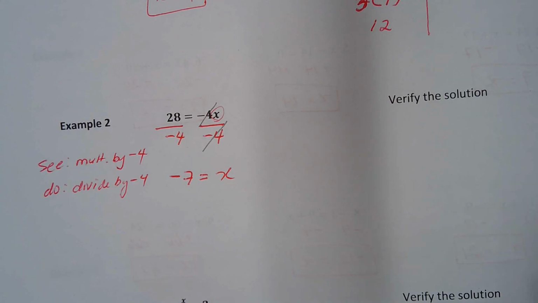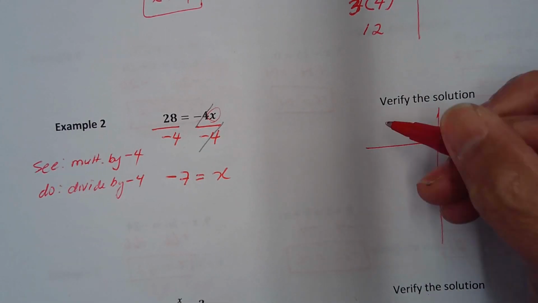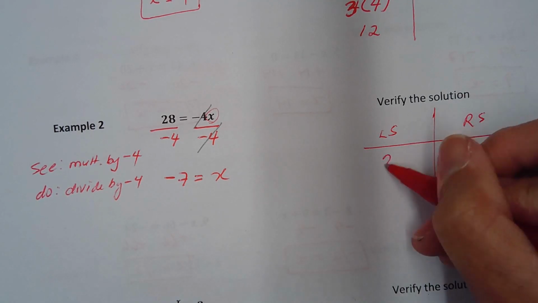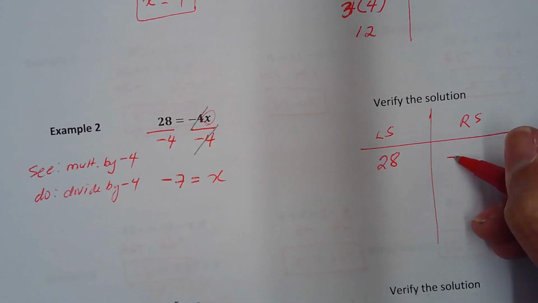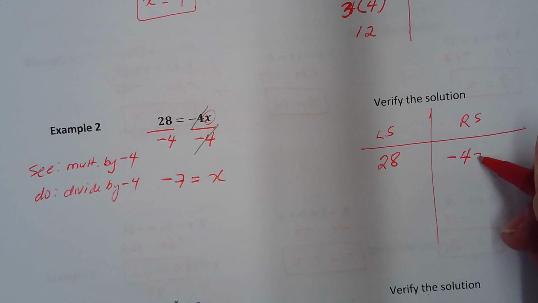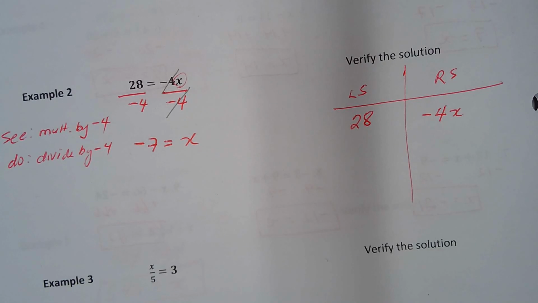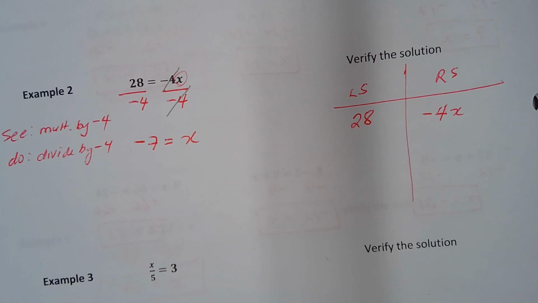So how do we verify this? Left side, right side. What's on the left side? 28. What's on the right side? Negative 4 times x. And then, question. So when you're verifying it, does that mean you have to make that little table, or can you just plug in?